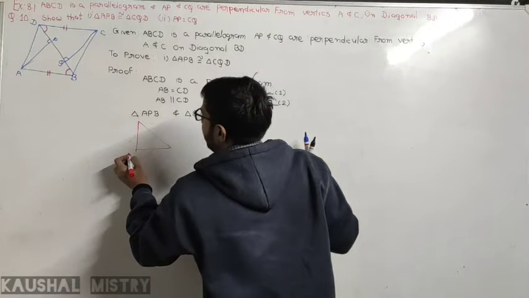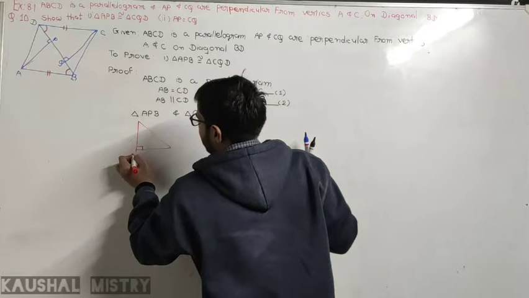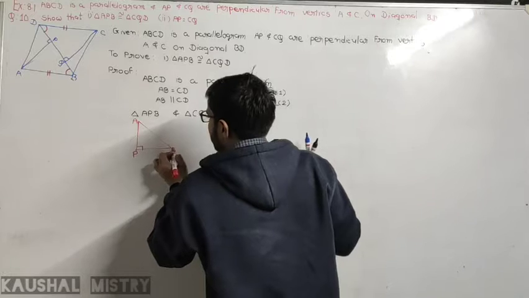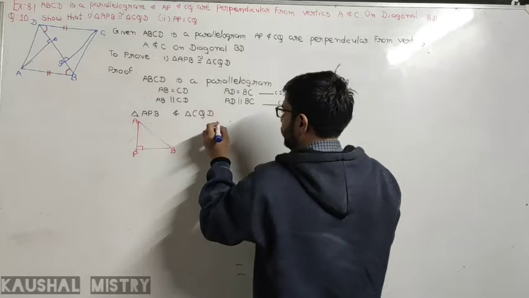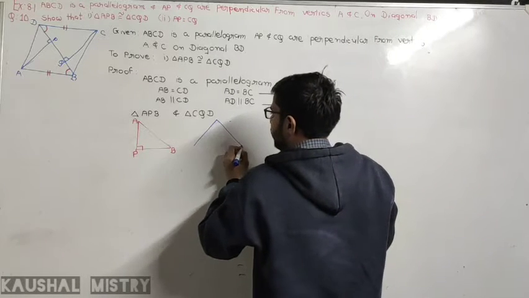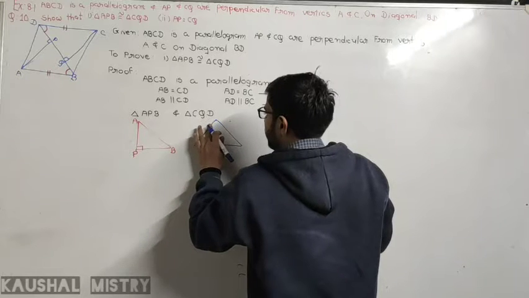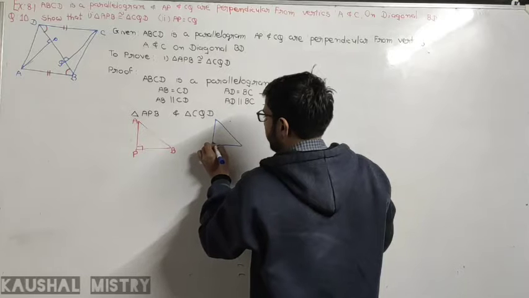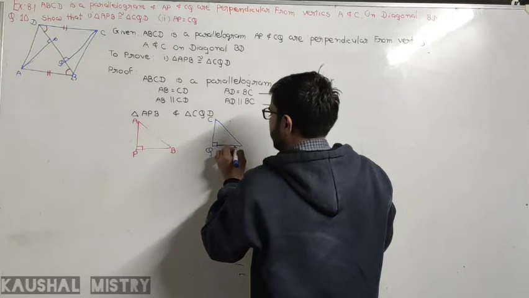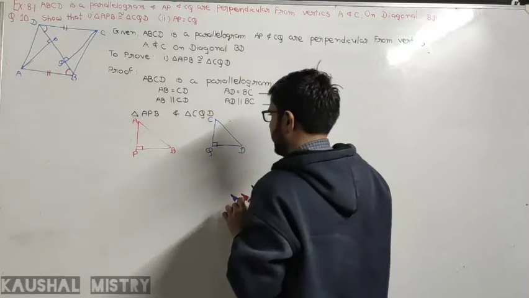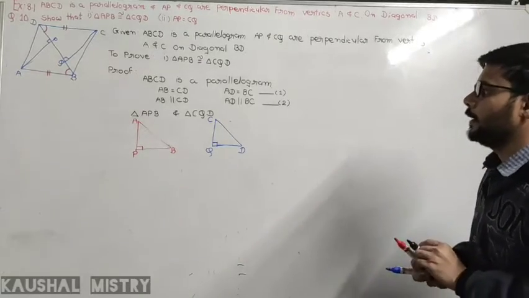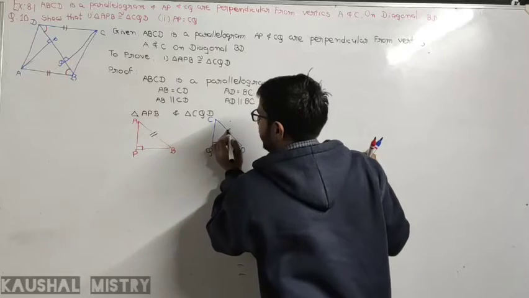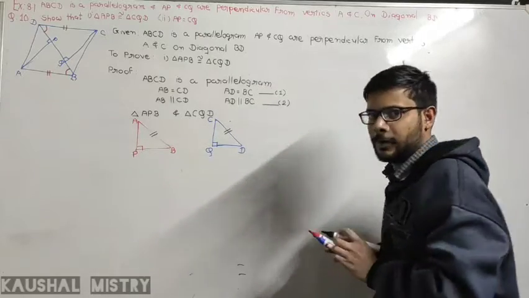Here APB, P is a right angle, so P will be here, A, B, and same for another triangle. Q is a right angle, C, Q, D, right? Now we can see that AB is equal to CD, this side is equal to this side, right?